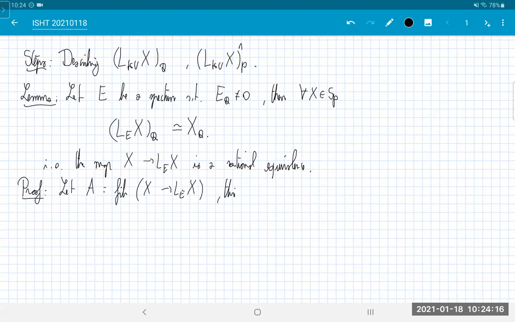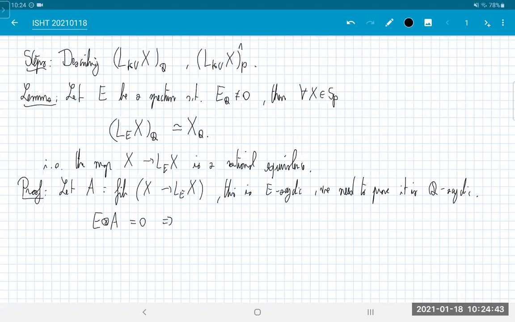This is E-acyclic. We need to prove it is Q-acyclic. That's all that we need to prove, literally. We know that E tensor A is 0, therefore its rationalization is 0.